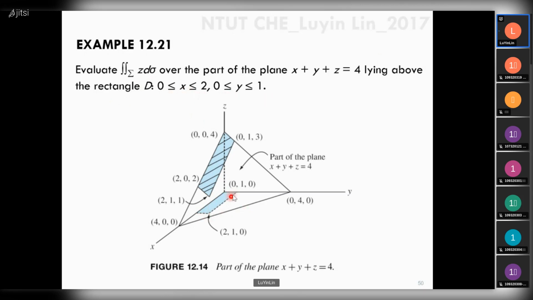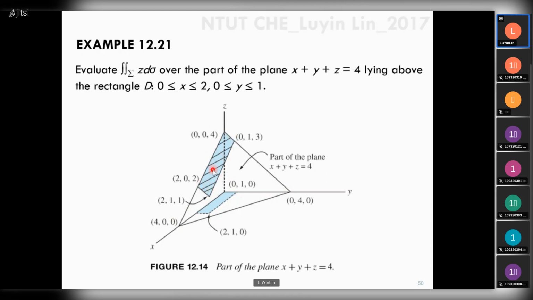But sigma is the plane, the triangle, this one, lying above the rectangle D, the blue region. So sigma is this one.